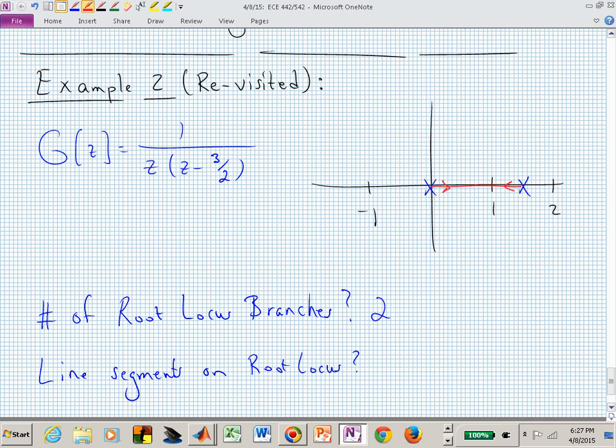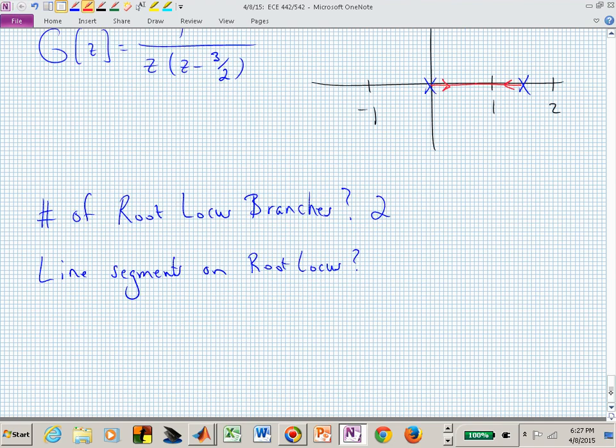Just from this picture, can we talk about the lower limit of stability? Or is the open loop system stable?